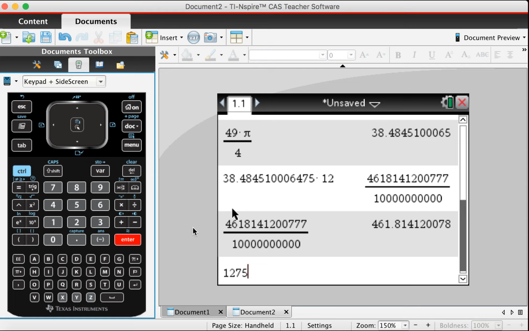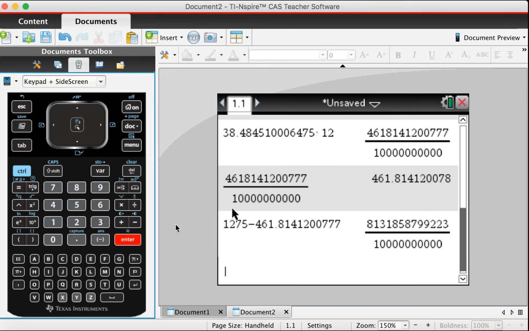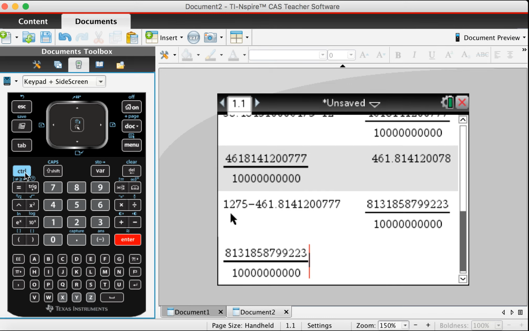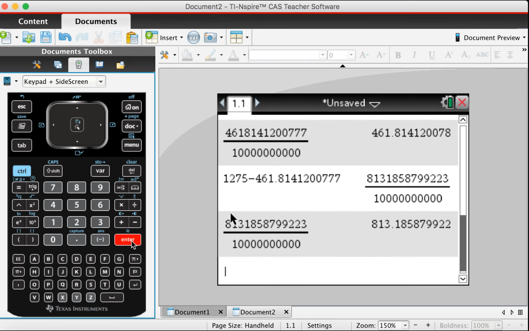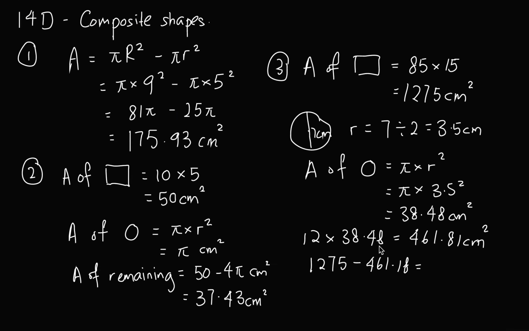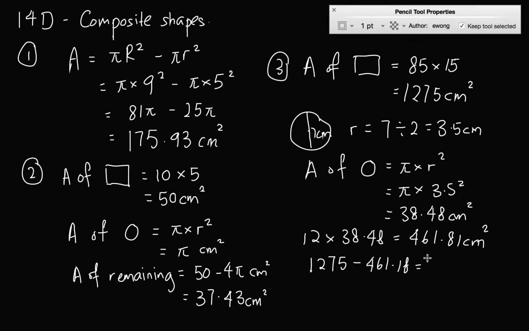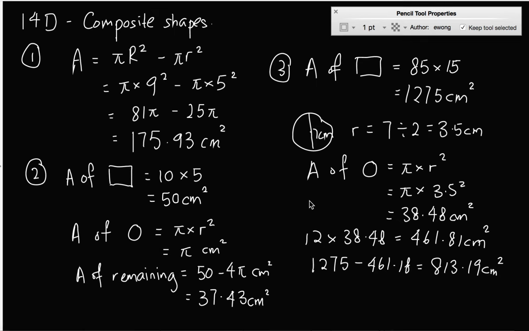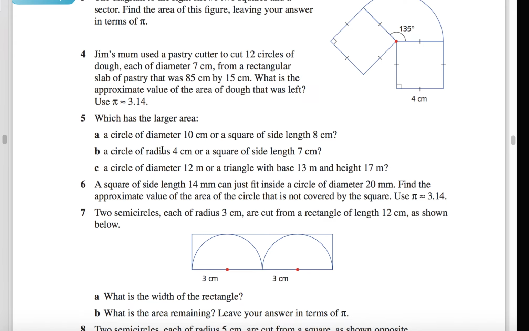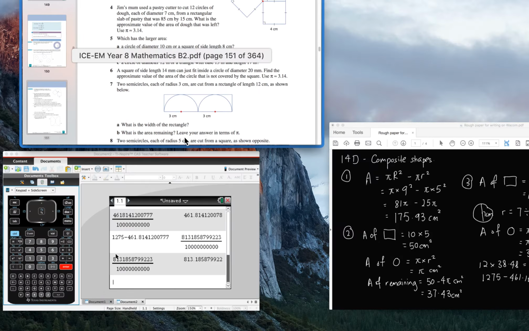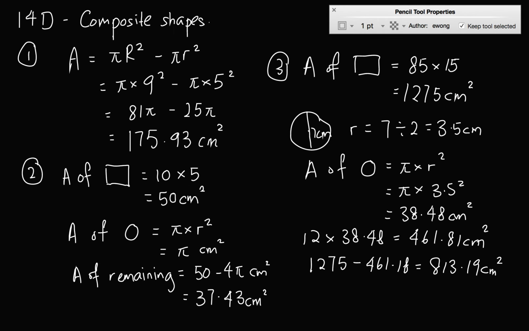So we have 1275, take away that value there, put that into your green calculator, and you have 813.19 left over. 813.19 centimeters squared. And there you have it, question 1, 2, and 3. Oops, that was question 4. I shall just change that.